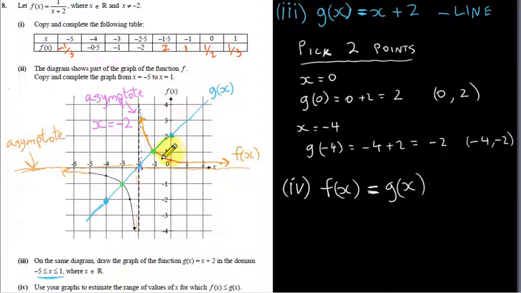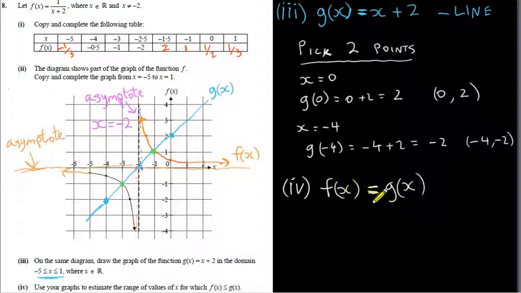So they're both equal to each other. f of -3 is -1, and g of -3 is -1. You can see from the table, f of -3 is -1. And if you calculate g of -3, we just plug -3 in here. We get -3 plus 2 is -1. So you can see it from the graph, if you've drawn the graph any bit decently.